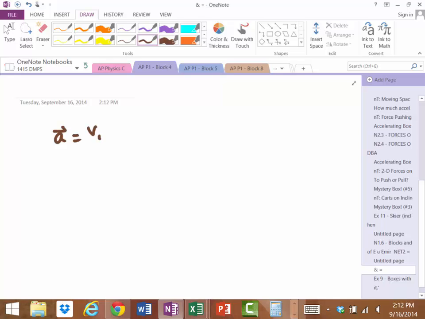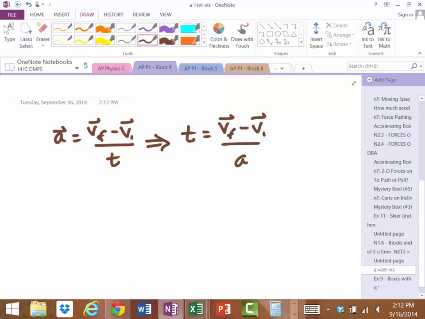Acceleration is (vf minus vi) over t. Do you agree? Yeah, we agree with that. Solve that for t. If you have t all by itself, what is it equal to? Divide by a. Is that okay?